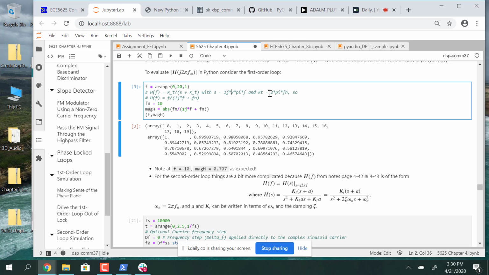And then I've replaced Kt by its radian per second value, which is 2 pi times fn. Plug that in, and then it reduces to this, so I just evaluate it directly. This is the magnitude then when I take the absolute value. And this is an array of frequency values, a quickie little calculation. I would do more points for this to plot your theoretical curve, and then let's just check a point here.